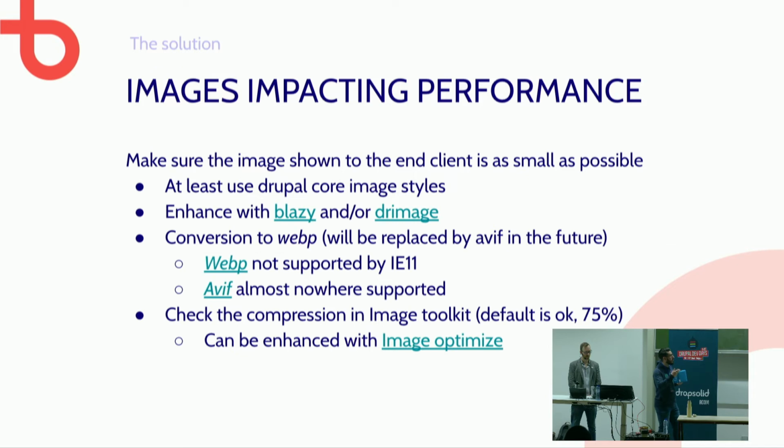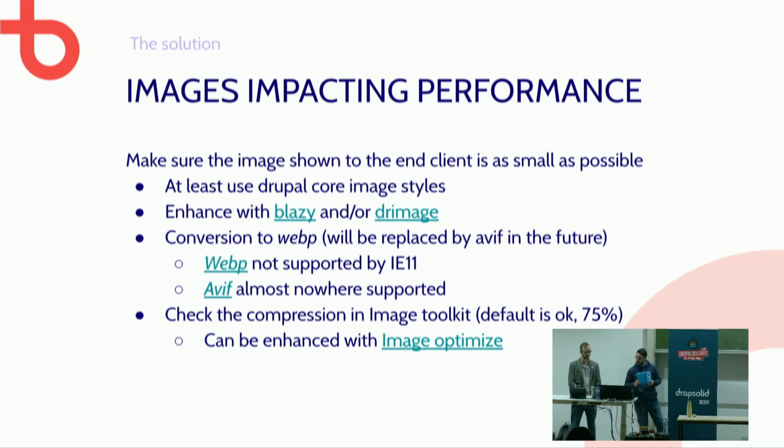Just one note, WebP is not supported by Internet Explorer 11, which is not really terrible because people who still use it shouldn't be on the web, but it's still something to keep in mind. In the future, this will probably be AVIF, but that is also almost never supported, so that's not really that good.